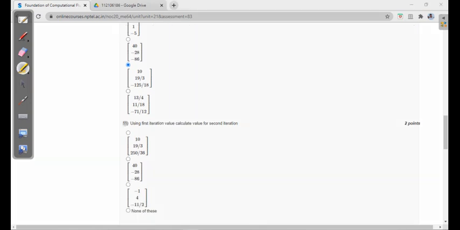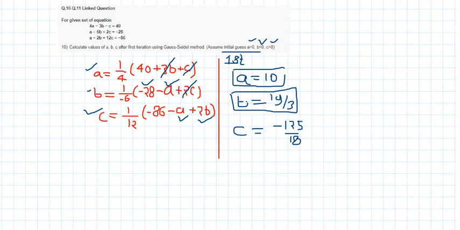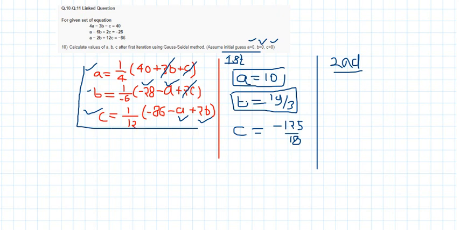Using the first iteration values, calculate values for the second iteration. So we can also calculate the second iteration. In these equations, value of A is 10, value of B is 19 upon 3, C is minus 125 upon 18.